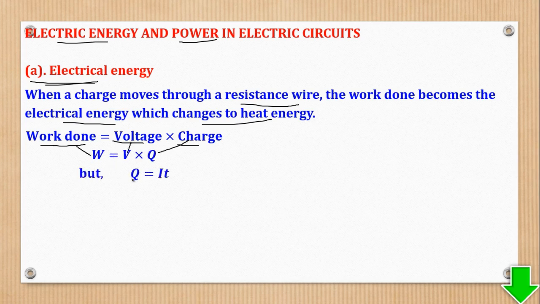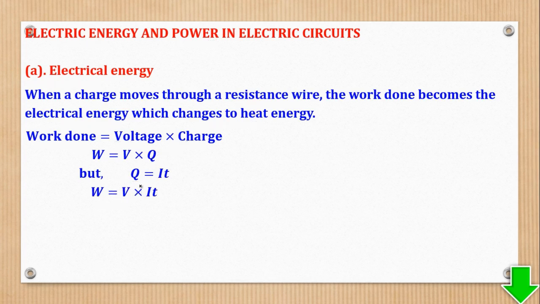We already know that Q is equal to IT, where I is current and T is the time. Therefore, when I substitute for Q, I'll come up with W equal to V times IT. Therefore, this is one of the expressions of electrical energy, work done, VIT.